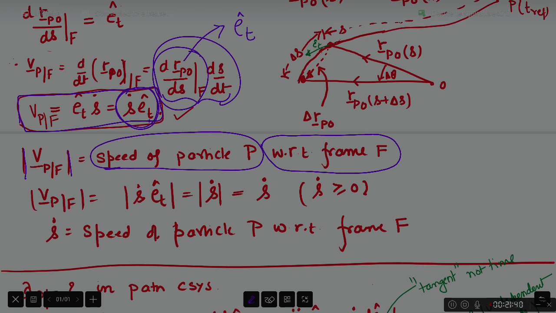The frame in context is also important. So we have a scalar, but the definition of that scalar is frame dependent. We have a frame dependent scalar, which is fine.